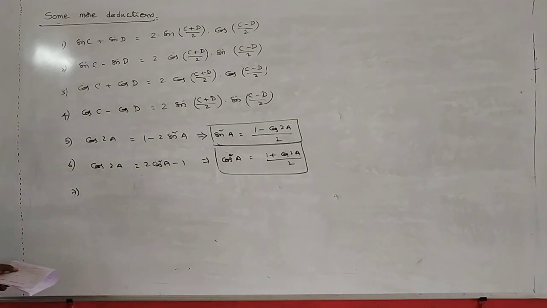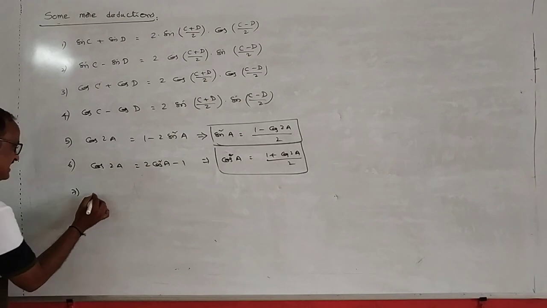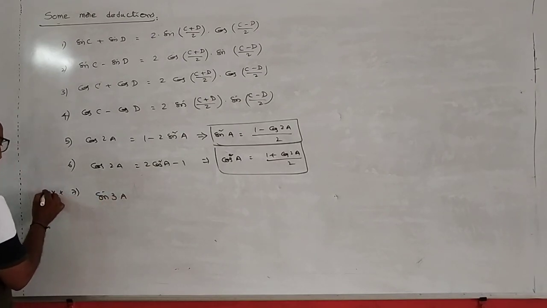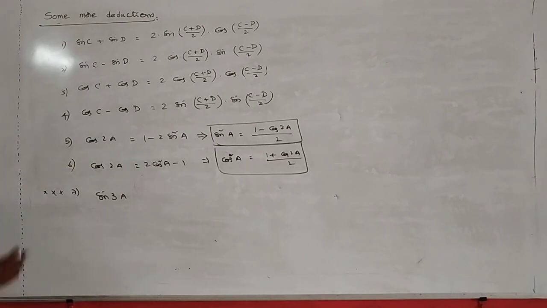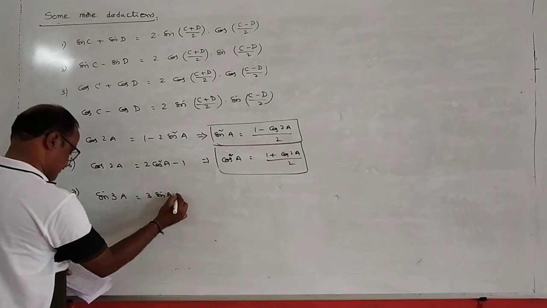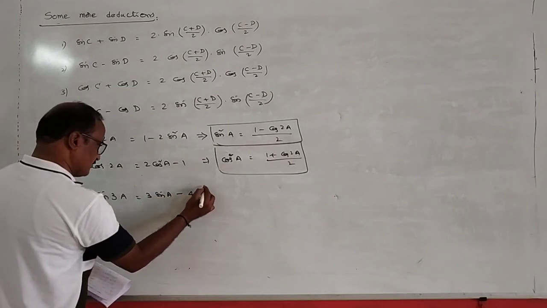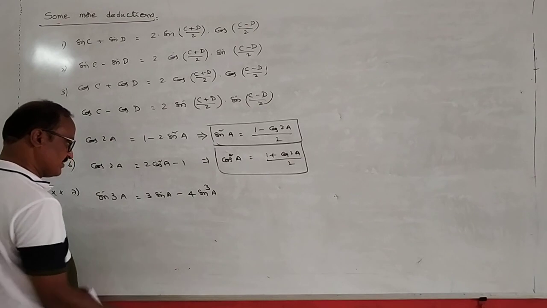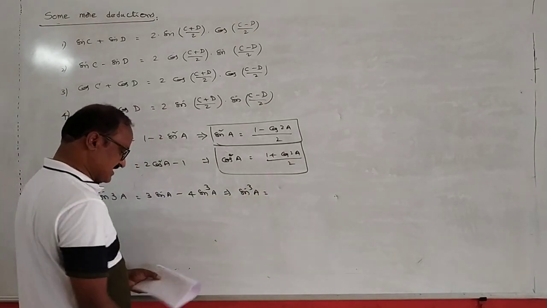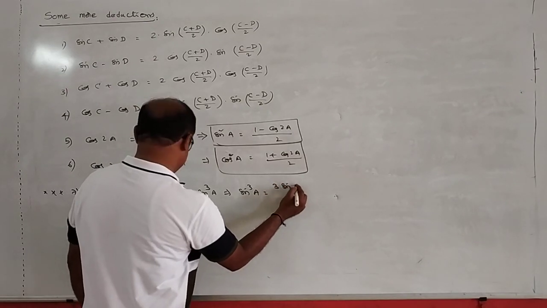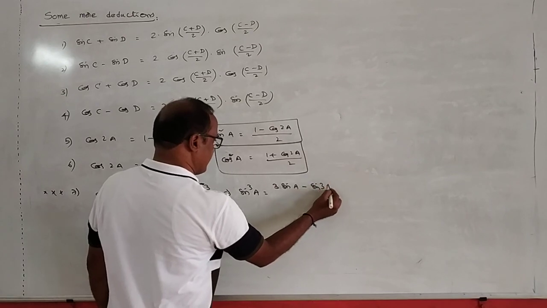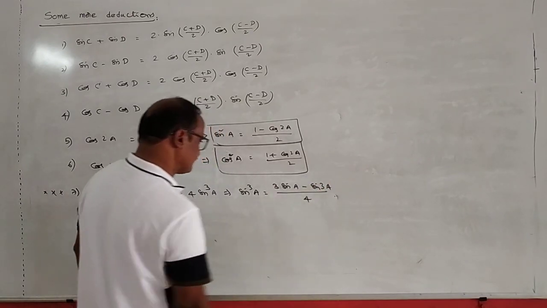And second one, what is the value of sin 3a? It is an important one. There is only one problem in second year physics regarding this. Sin 3a is equal to 3 sin a minus 4 sin cube a. From this, sin cube a can be written as sin cube a is equal to (3 sin a minus sin 3a) by 4.